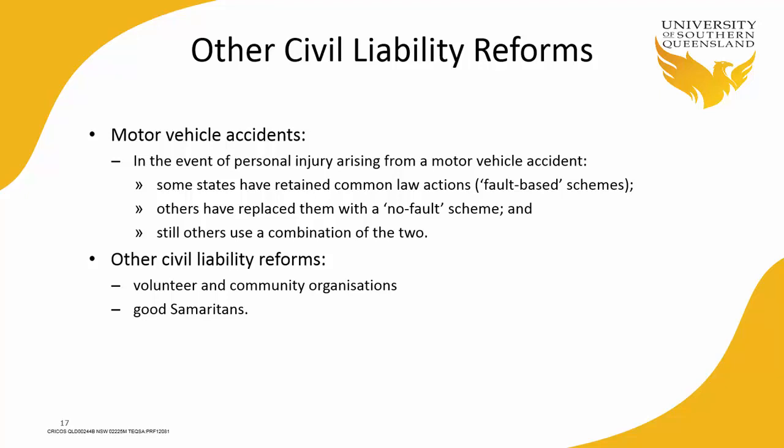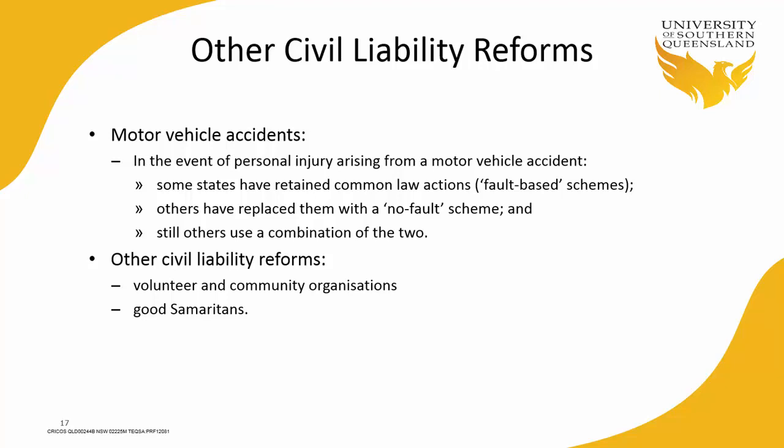There's also discussion of Good Samaritans, and that's on page 183. And again, protection for Good Samaritans from liability is now provided for an act done or an omission made honestly, so without recklessness, in assisting or giving advice about the assistance to be given to a person who is injured or at risk of being injured or in need of emergency medical assistance.